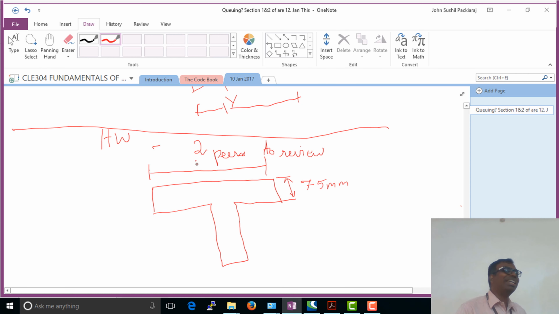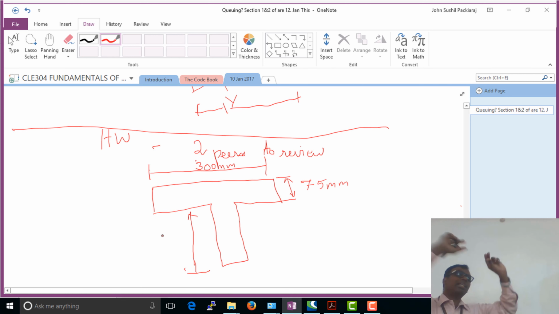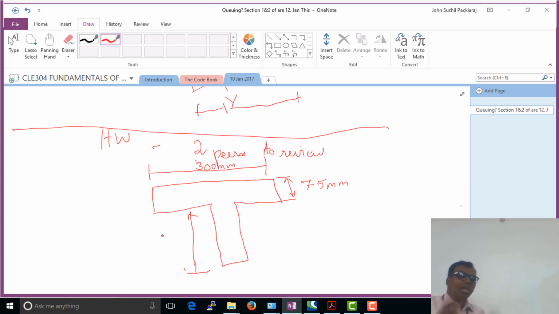Say I'll keep it as 300 mm. Then this one, 100 will again be less. Always visualize as engineers: if I want to make it look like a T with 300, 100 is 1/3 of that. So let us make it a little longer.